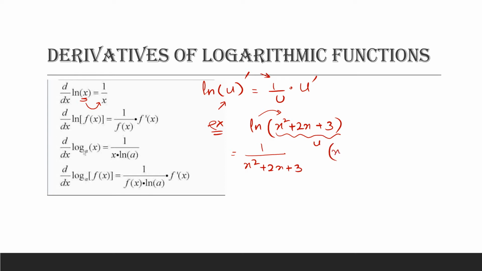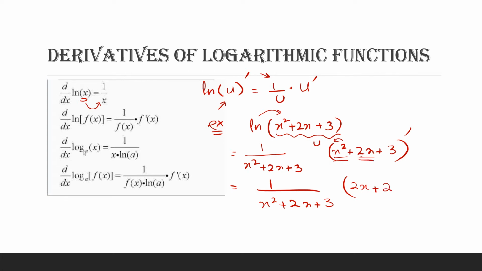It means you will write x square plus 2x plus 3 as it is with the prime, which means take the derivative of that one. Now take the derivative. The derivative of x square is 2x, plus the derivative of 2x is 2, and the derivative of 3 is 0. So this is the way we take the derivative of any function.